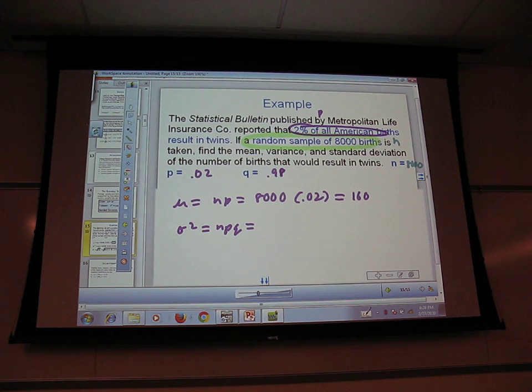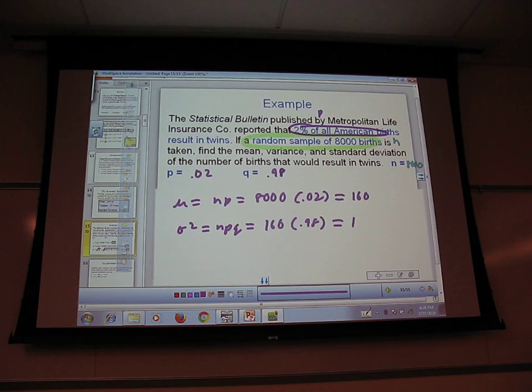I already know NP. What's NP? 160. And then I just multiply by Q. What's my Q? 0.98. Perfect. 160 times 0.98 is 156.8. Sorry, that is my variance.